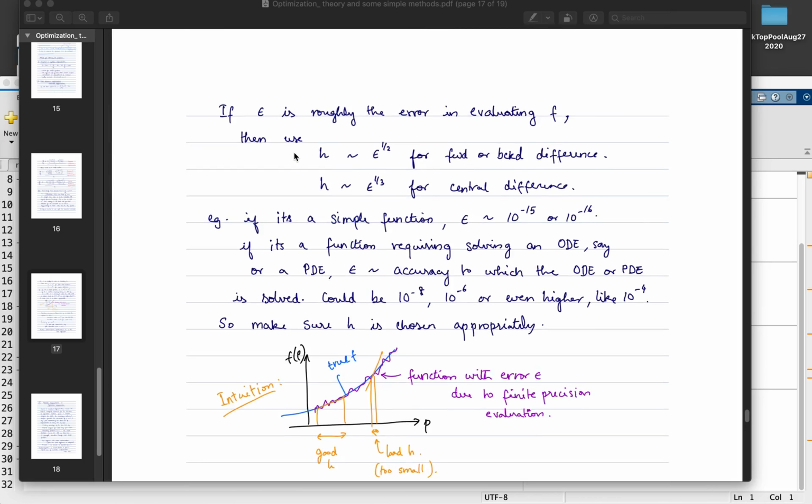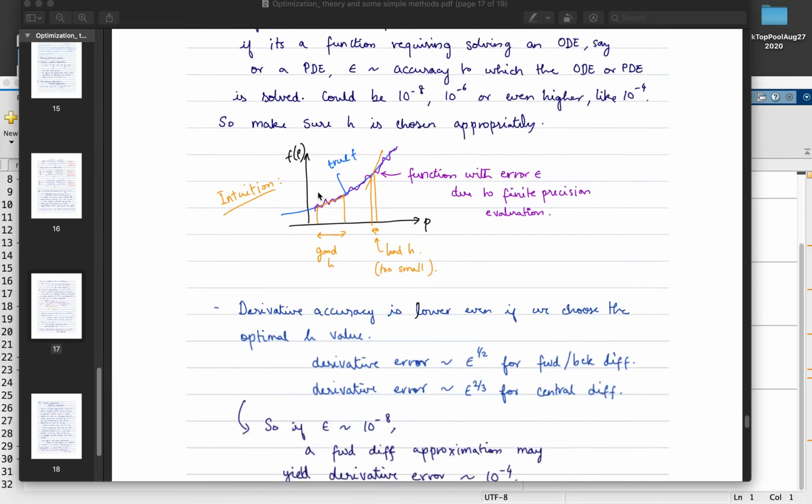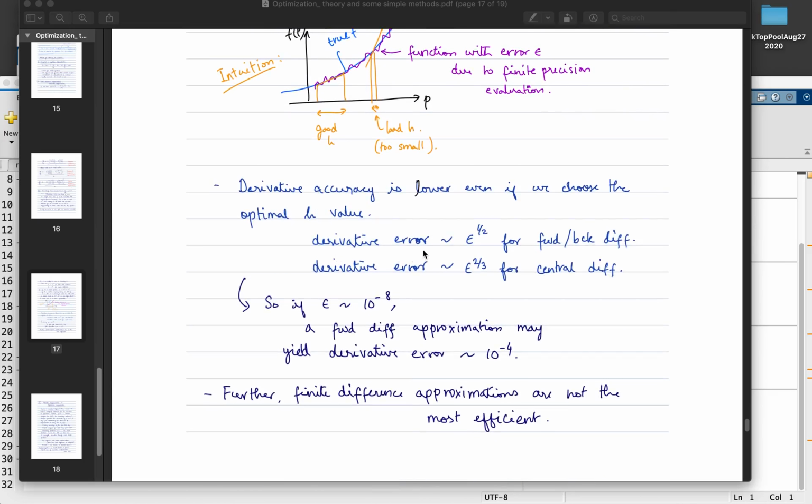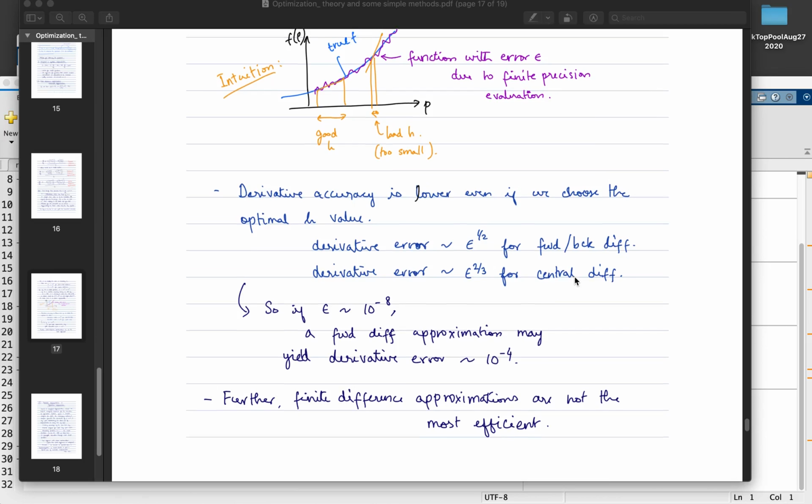It turns out that using these h values will result in a derivative error of about square root of epsilon if you have forward or backward difference, and a derivative error of epsilon to the power 2/3 for central difference.